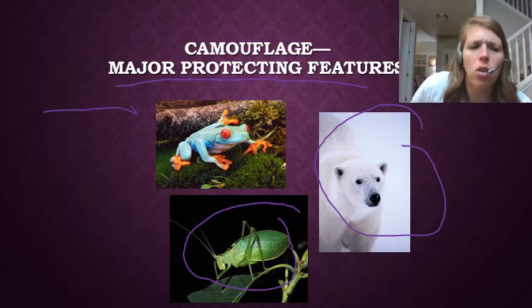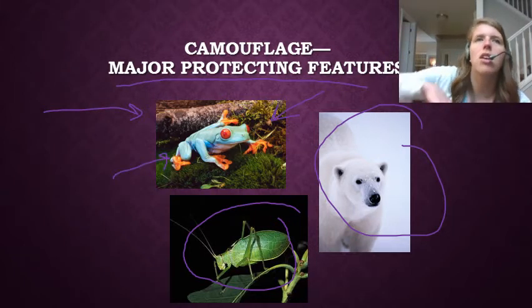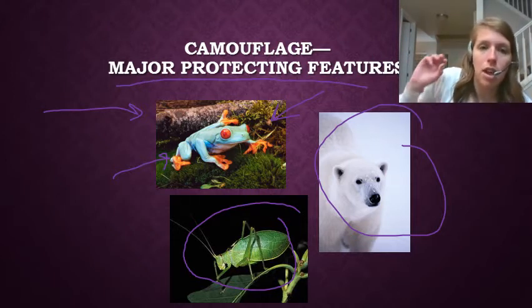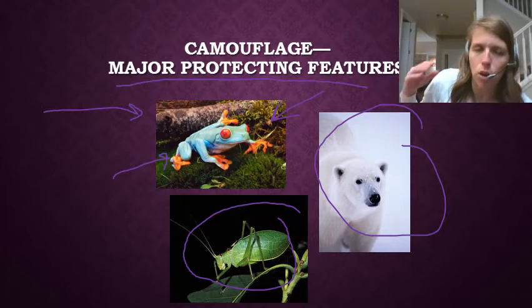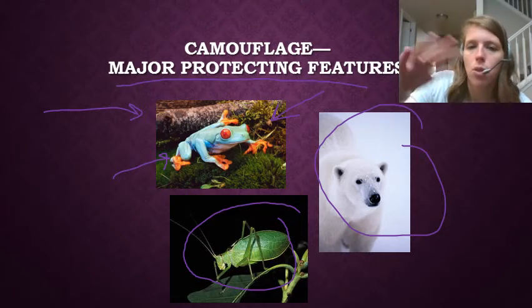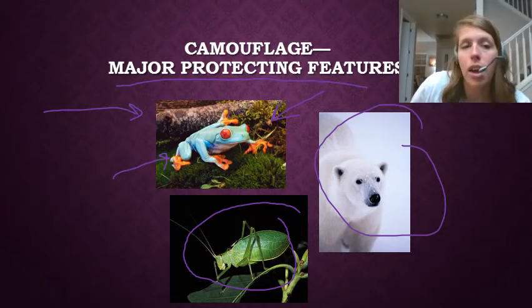And then also, this is not camouflage here, but as you probably know, the poison dart frog is anything but camouflage, but it is a sign of what? Many of you know it's poison, right? So this bright coloration tells its surroundings, hey, don't eat me, I am poisonous.